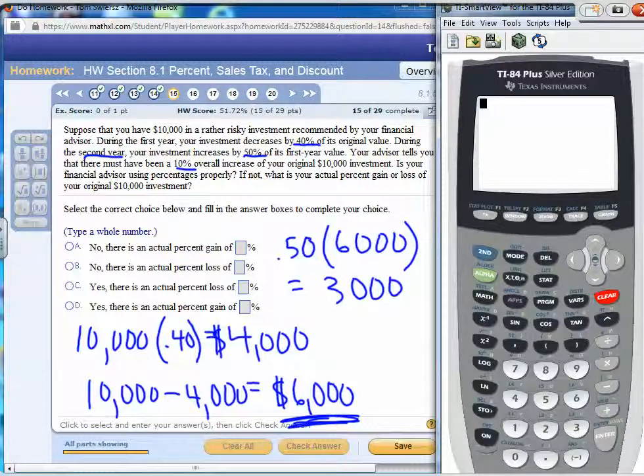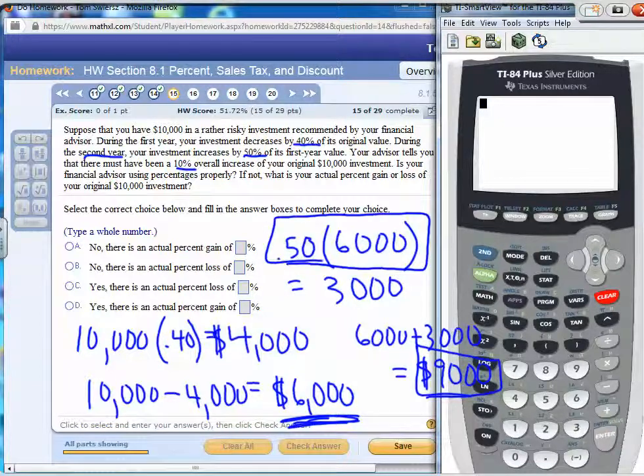So you began the second year with 6,000 and ended it with a 3,000 increase. So 6,000 and 3,000 is $9,000. So you have 9,000. So the key is the second year, you have to use 50% of 6,000. You have to take the balance you got after your first year.